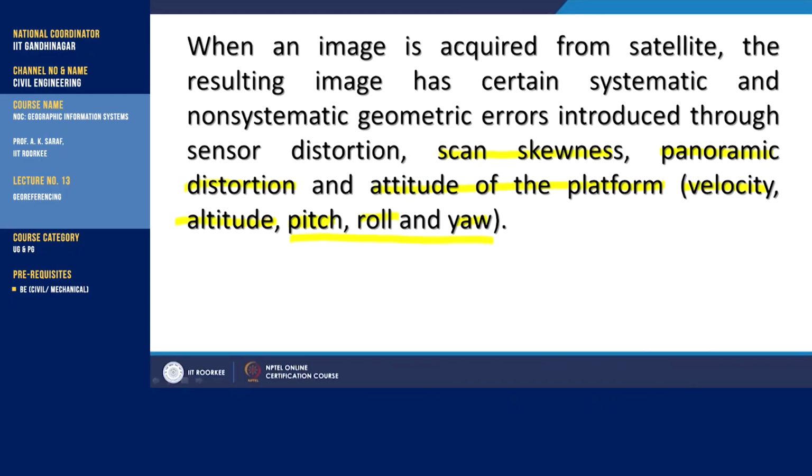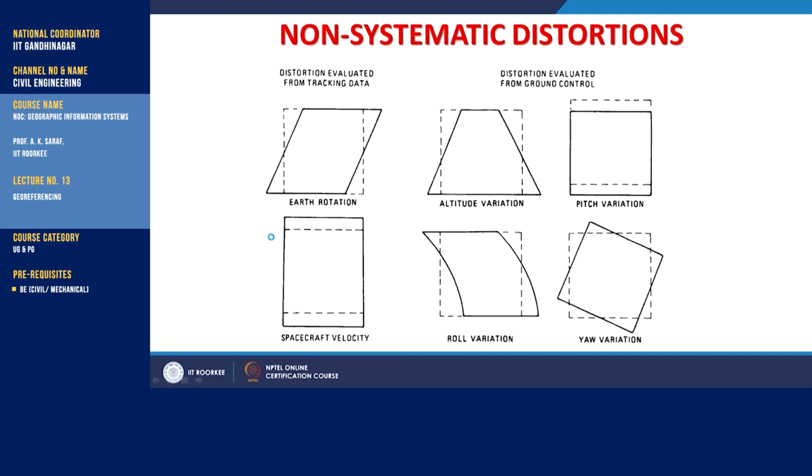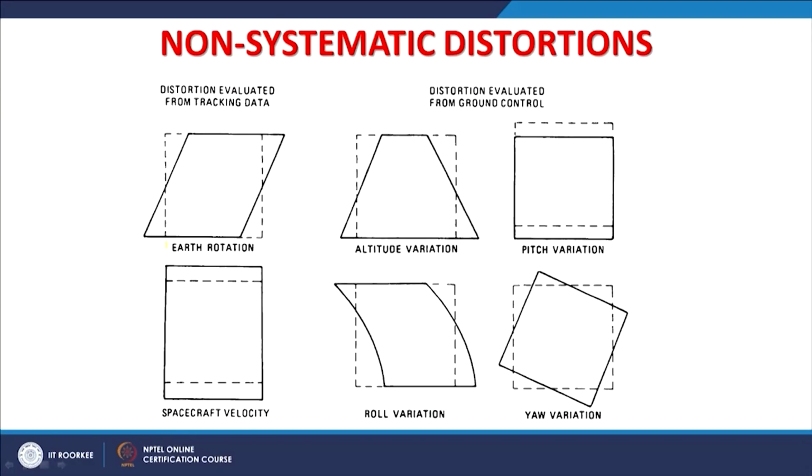Now, when I was mentioning roll, pitch, yaw, altitude variations and other things, how do they affect the images? So, let us see. When Earth rotation is there, this skewness is there, and we expect that the image should have been in this form, but it is coming like this. Similarly, altitude variation: if suddenly the spacecraft or aircraft or drone changes its altitude, this kind of distortion might be there.